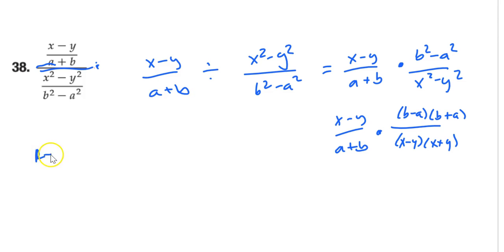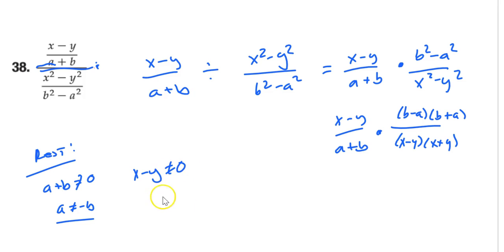My restrictions are a little bit different here. We have a plus b, so does that work? It's not that a can equal 0 or b can equal 0, because it's a plus sign. So just do that: a plus b cannot equal 0. Or if you want to be fancy about it, a cannot equal negative b. Same thing here: x minus y cannot equal 0. Or if you want to be fancy about it, add the y: x cannot equal y.